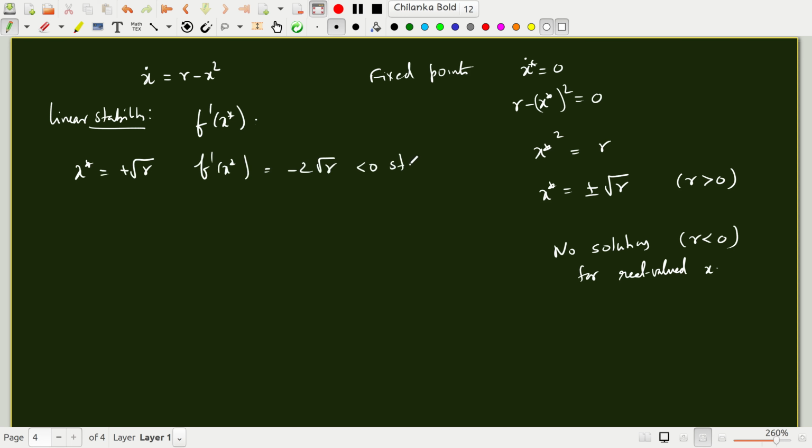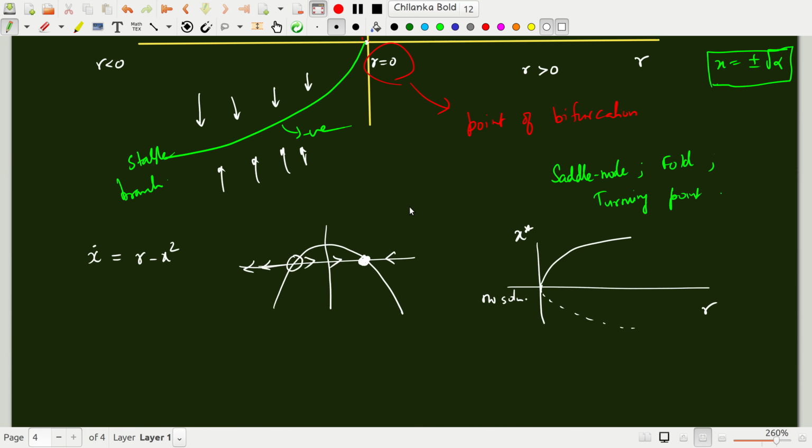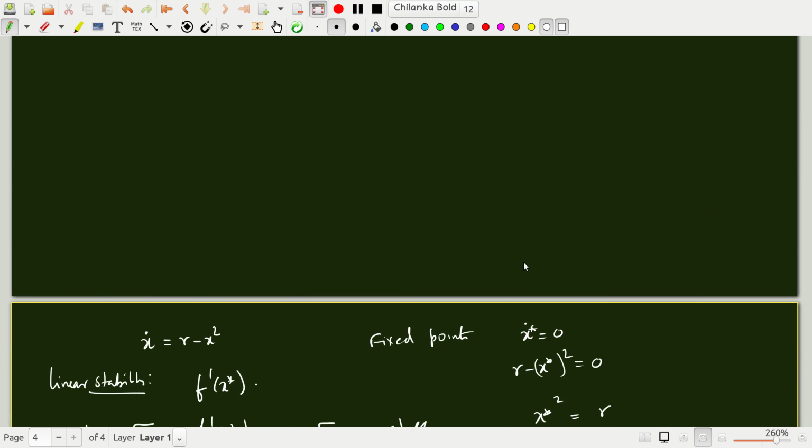So this is a stable fixed point. When x star is minus root R, f prime of x star is nothing but 2 root R, which is greater than 0. This is an unstable fixed point as per linear stability analysis, and that's what you will see here as well, right? In this particular case, this is a stable fixed point, this is an unstable fixed point.